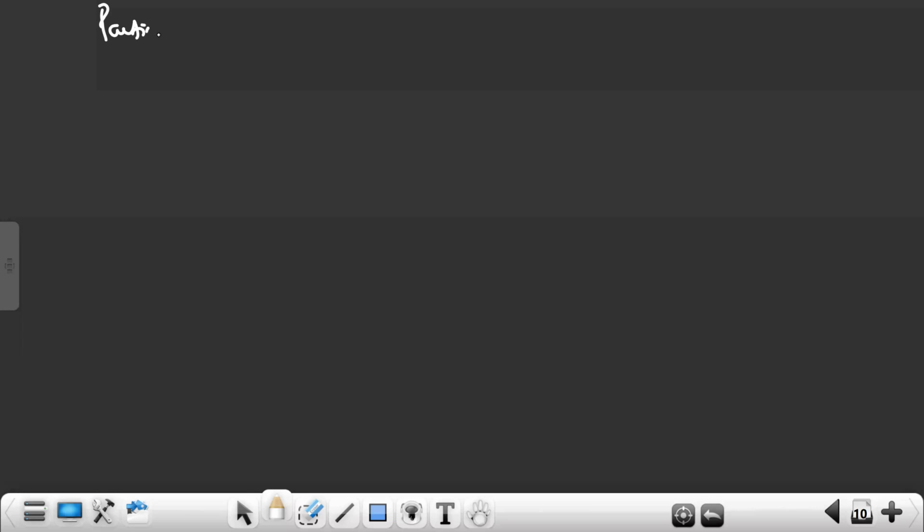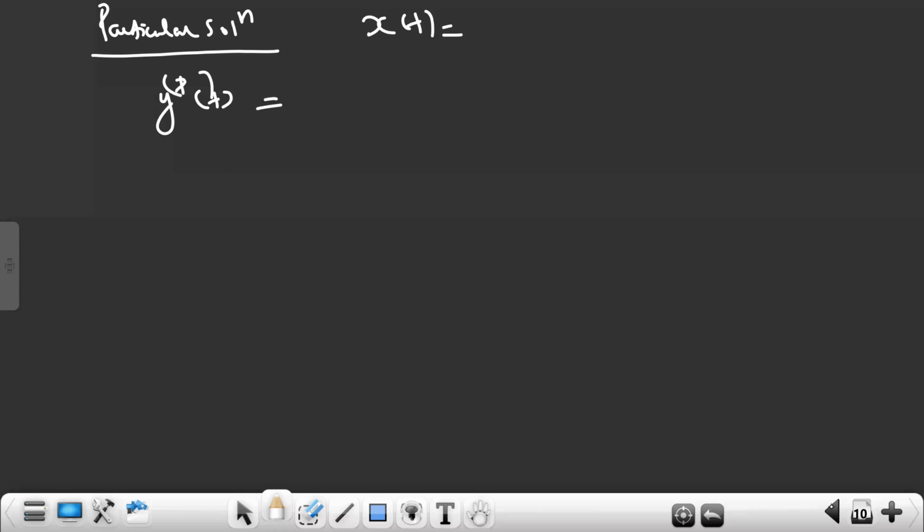To find the particular solution, we need to check our input. What is our input? Input is 2 e to the power minus t u of t. Now based upon the table, you check the table of particular solution, whatever we have discussed yesterday, and tell me what is the particular solution.